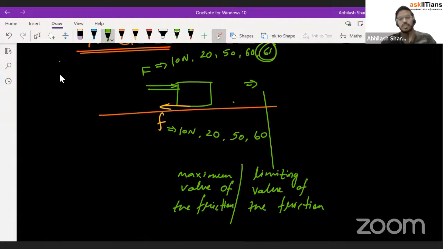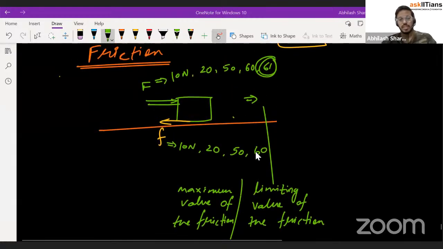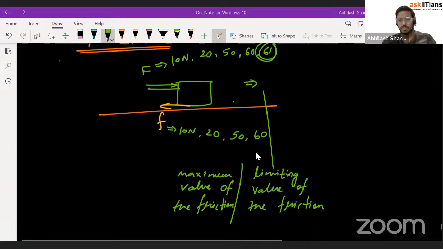Now comes the question, how do we find this? Doesn't friction depend on the weight of the object also? Not really weight, but something else, which we are going to discuss. So now that we know there is a maximum value to the friction, even this maximum value is not fixed.